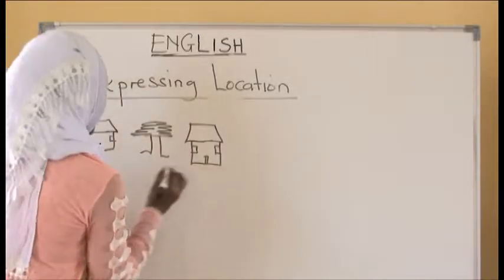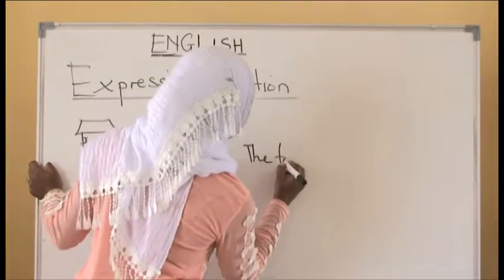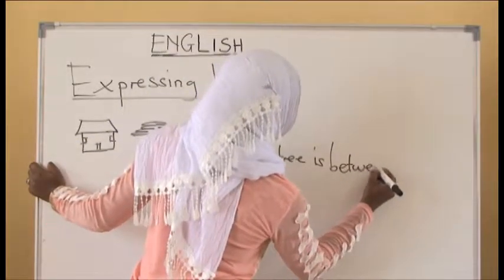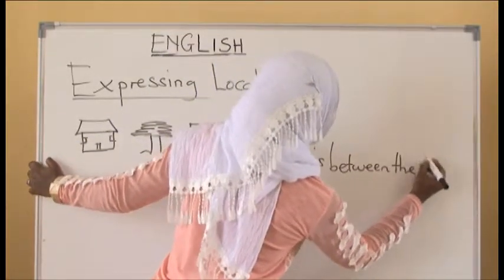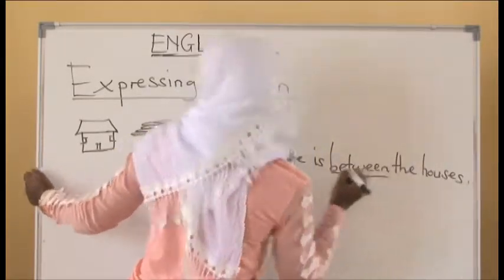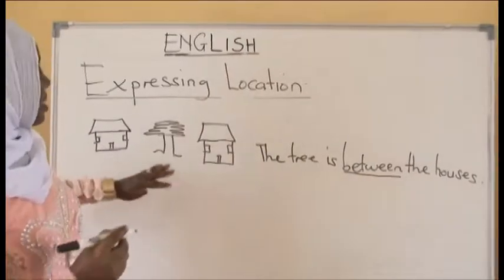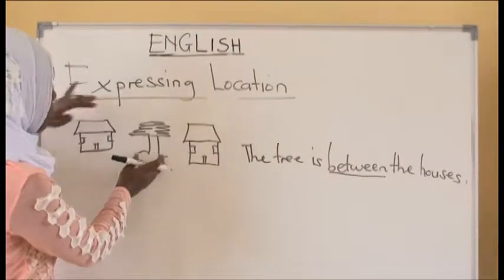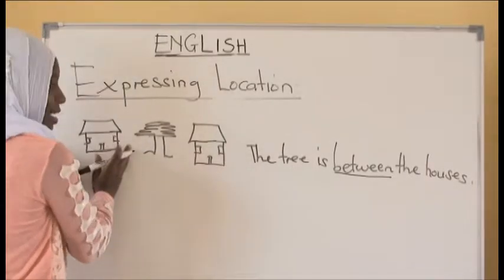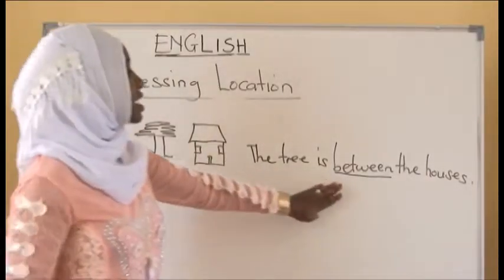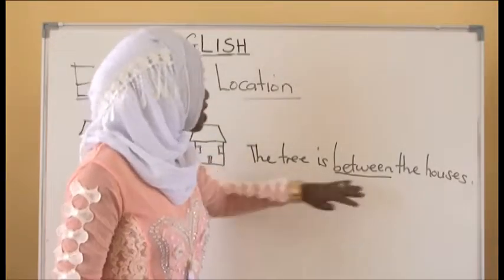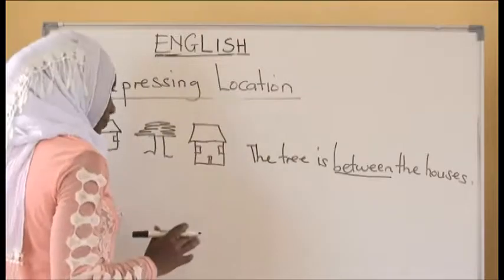You will say, the tree is between the houses. Because the tree is in the middle of one house and the other house, we use the preposition between to answer a question like this.